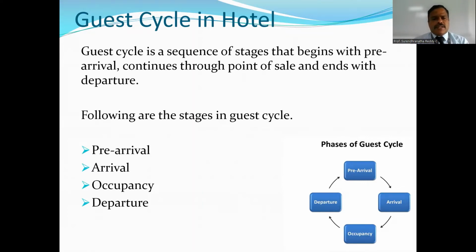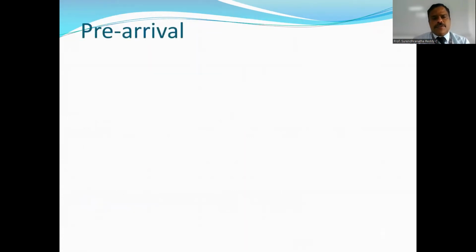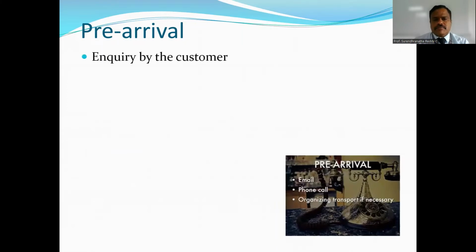So let us see each and every stage, what exactly happens in each stage of the guest cycle. The first one is pre-arrival. What is pre-arrival? Before you go to the hotel as a guest, what happens? In pre-arrival, you first inquire as a customer whether there is availability of rooms on a particular date, and you inquire about the price and what facilities they provide.